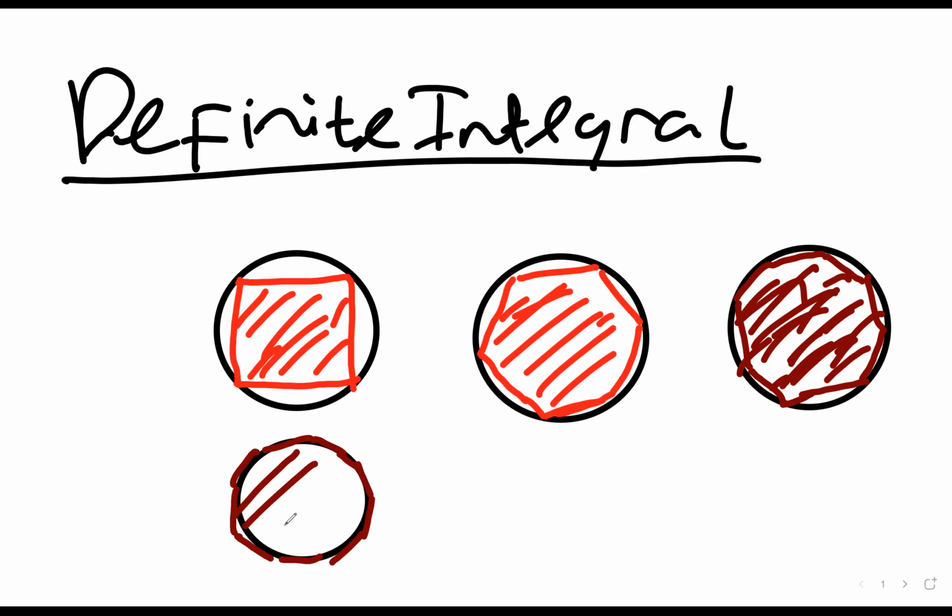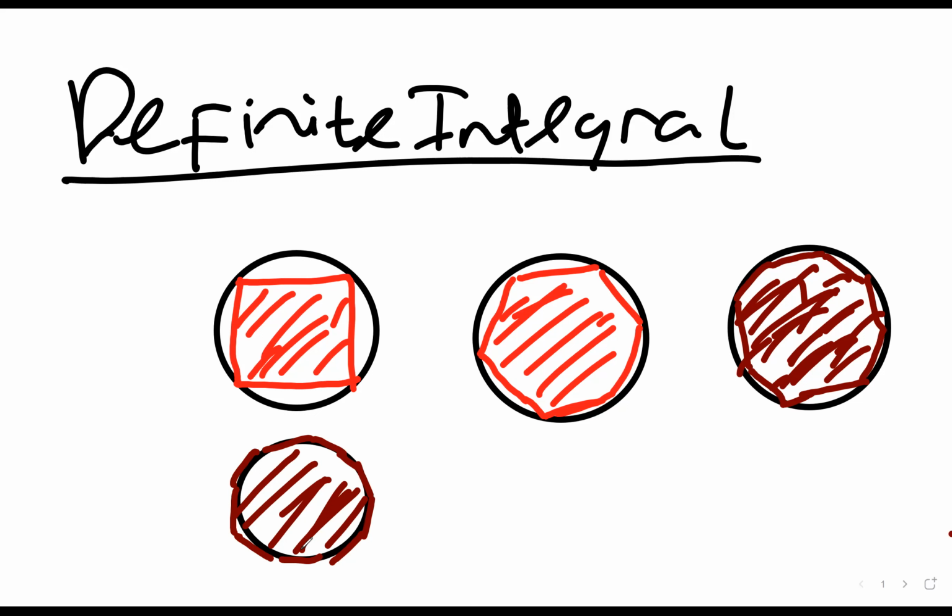Then you will also have an approximation of the area of the circle. That's the idea of the approximation of the area, and we'll use this idea for calculating the integral.